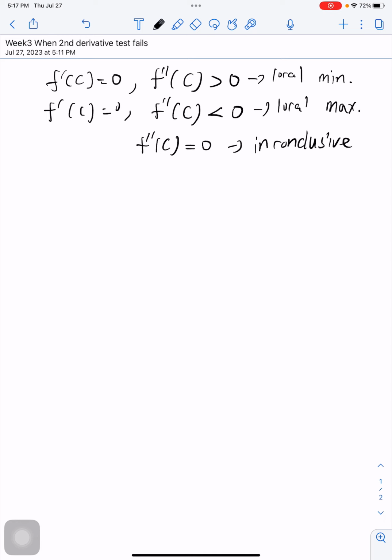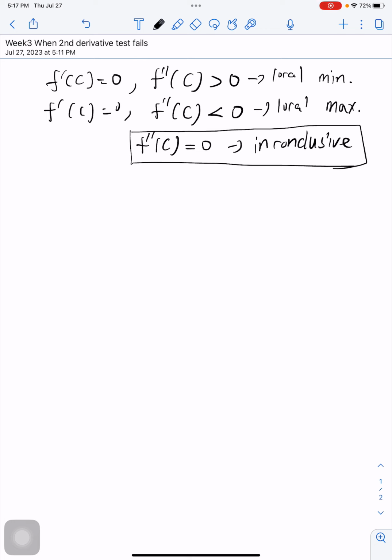This means that you do not have any conclusion whether it is a local minimum or a local maximum. And in other cases, there is no local minimum or maximum. Okay? So today we will talk about how to address this situation when you arrive at an inconclusive situation.